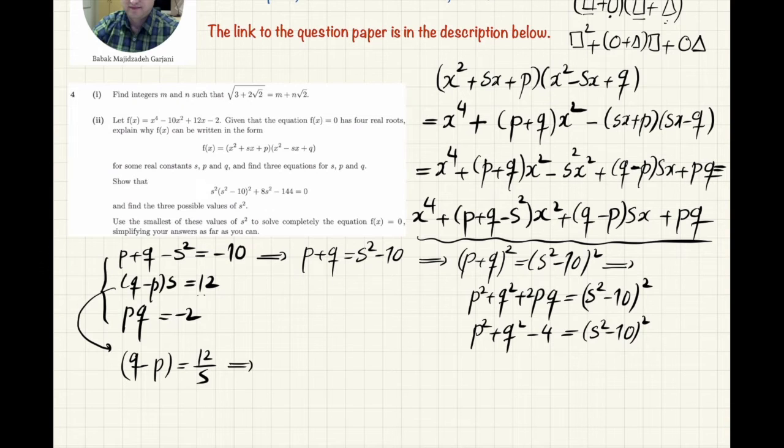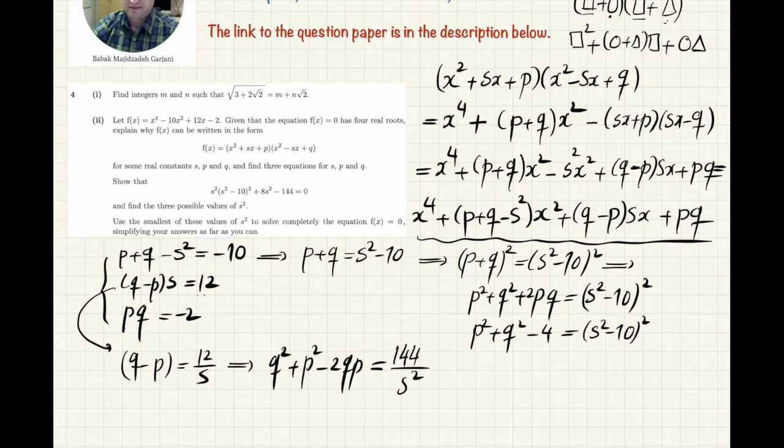And then I raise both sides to power 2. The left hand side is a quadratic rule again, so it becomes the first one to the 2 plus the second one to the 2 minus 2 times the first one times the second one, and on the right hand side I will get 144 divided by s squared. And again, you see that pq is minus 2, so I can put minus 2 here.